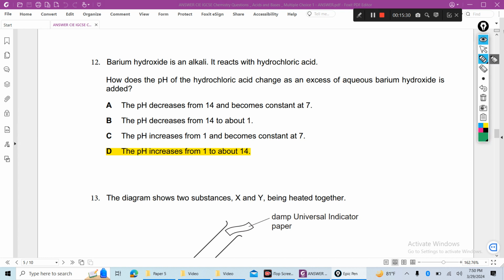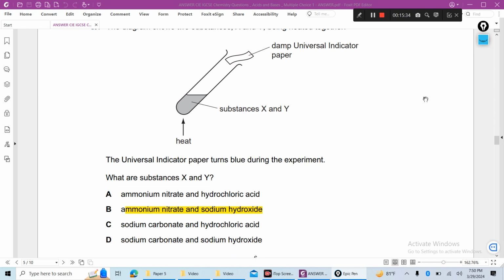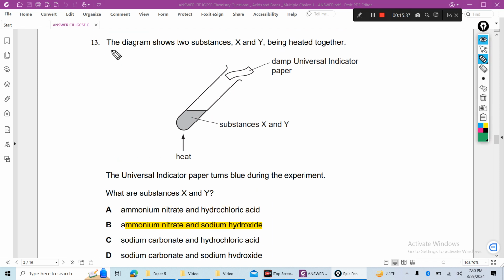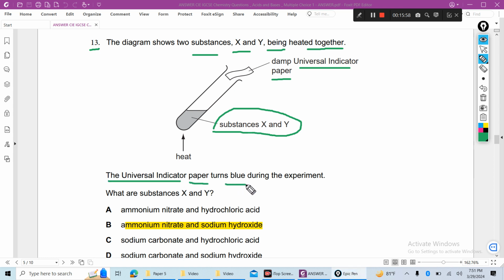Next, number 13. The diagram shows two substances X and Y being heated together, with damp universal indicator paper. The indicator paper turns blue during the experiment.